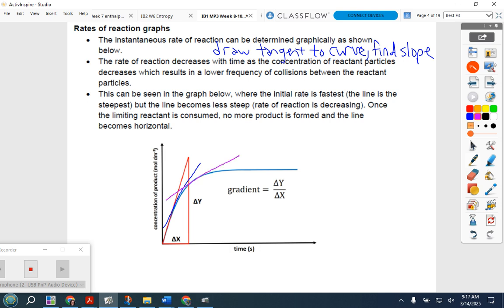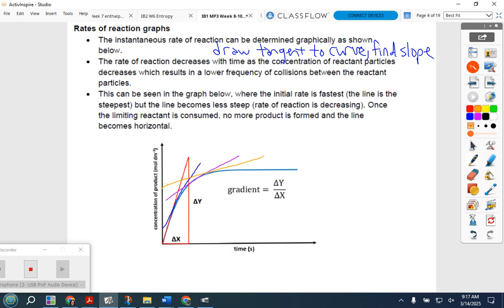The rate is going to decrease as we go through the reaction. That's a terrible line. Let me redo that one. So that slope is going to decrease as the reaction continues, but we can find the rate of reaction at any particular time.